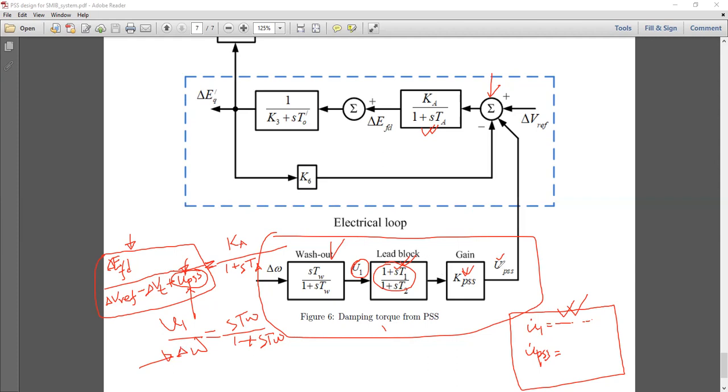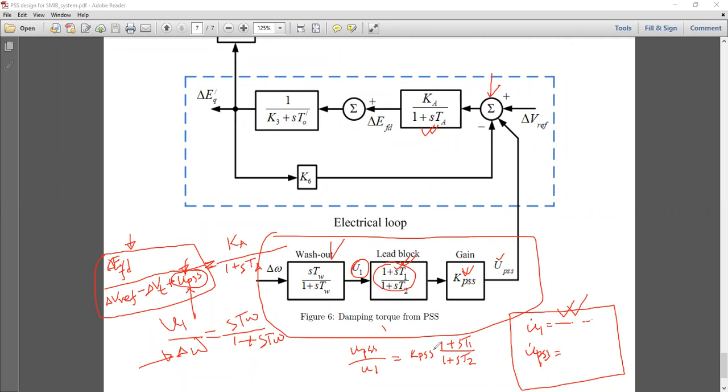Then UPSS divided by U1 for this block. UPSS is the final state, so it would be simply KPSS, the gain block, multiplied by 1 plus ST1 over 1 plus ST2.